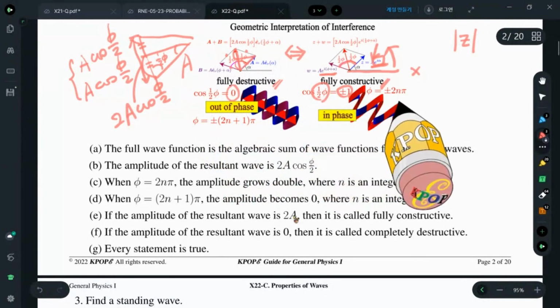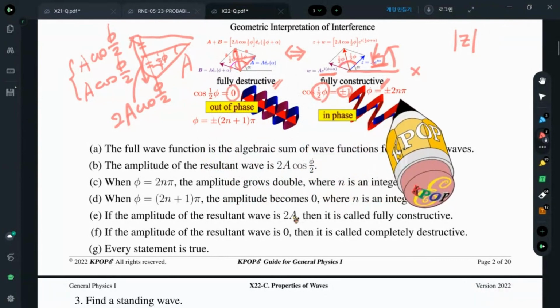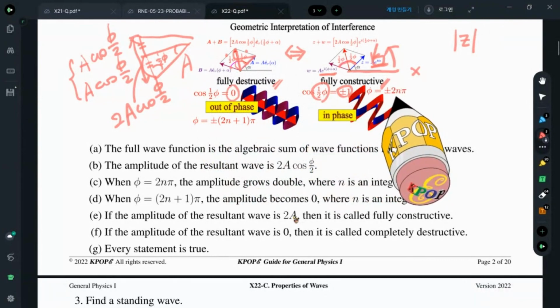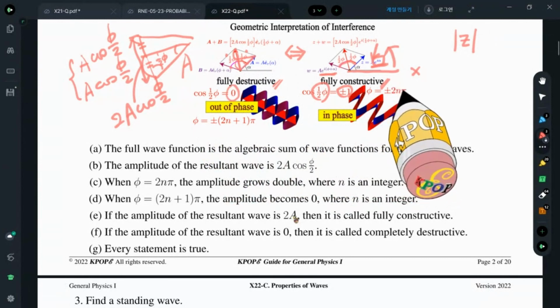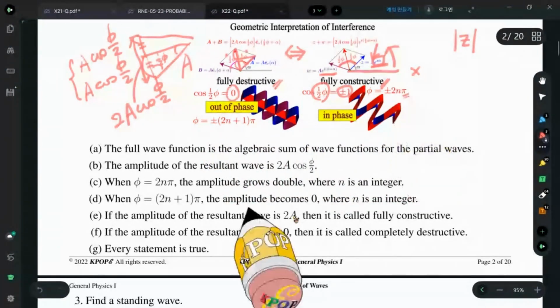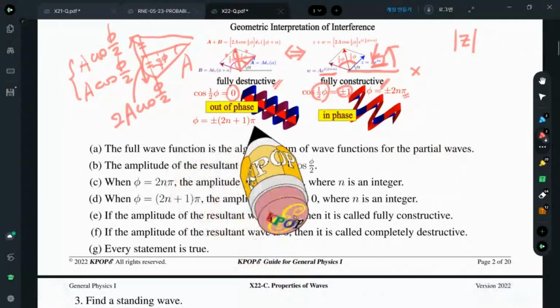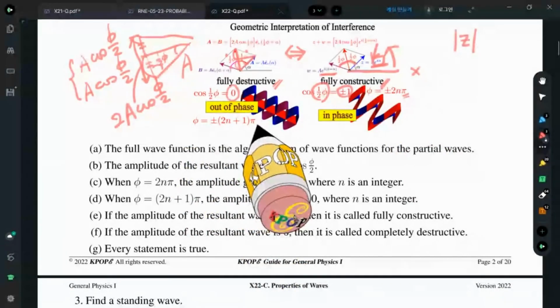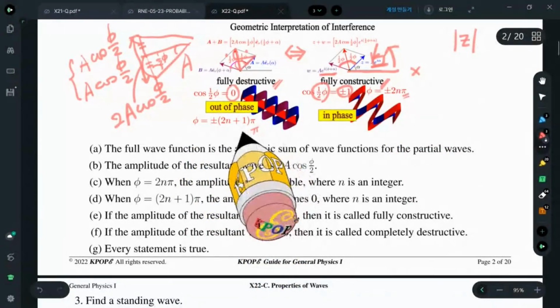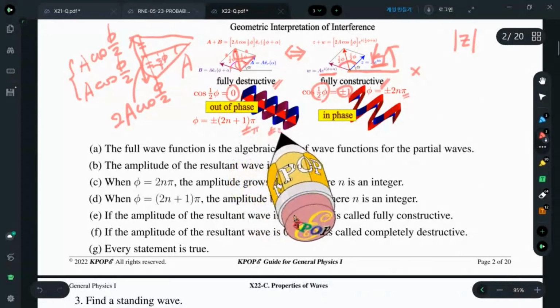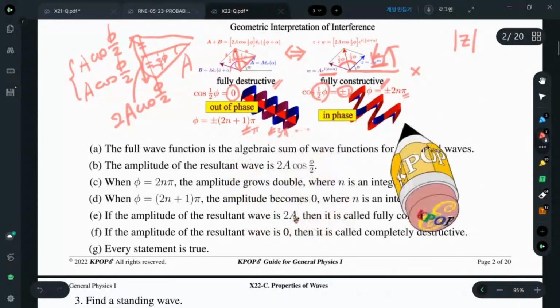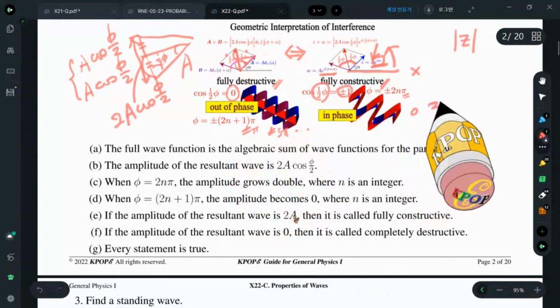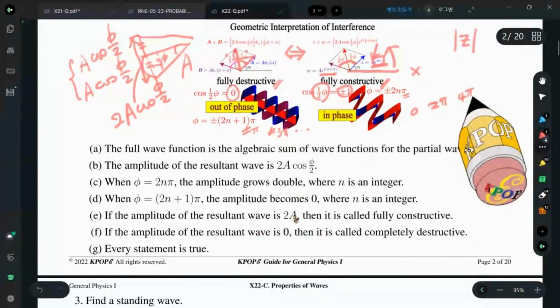This is true when phi is an even multiple of pi: 0, 2 pi, 4 pi, and so on. And the other case is an odd multiple of pi: plus or minus pi, plus or minus 3 pi, and so on.